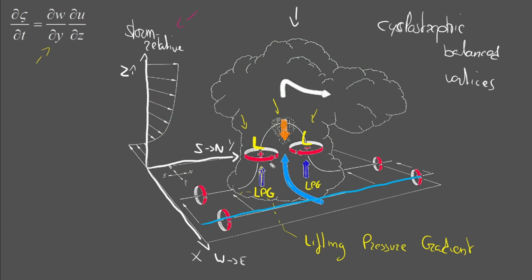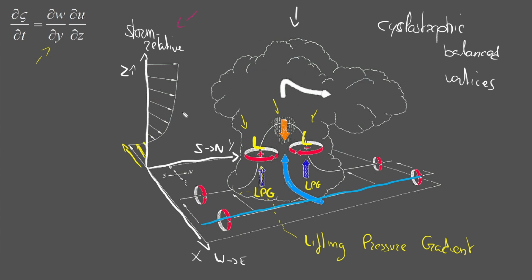But now we don't have this because, as we've already mentioned, this one and this one actually have the same sense of rotation. Why? Because the storm is moving from west to east. Since it's moving from west to east, it's seeing inflow from the east at low levels. As you can see here, it's seeing inflow from the east.